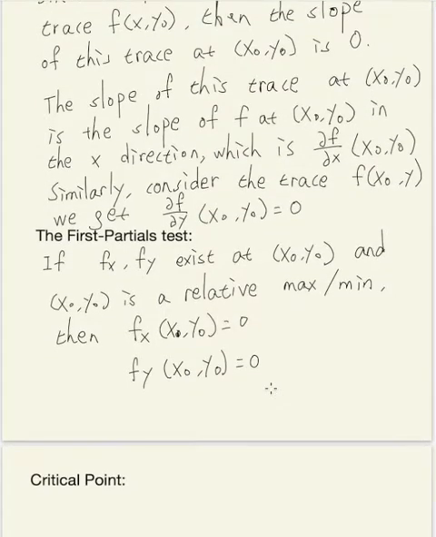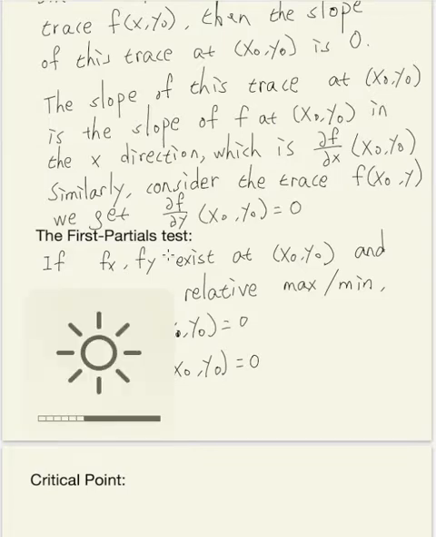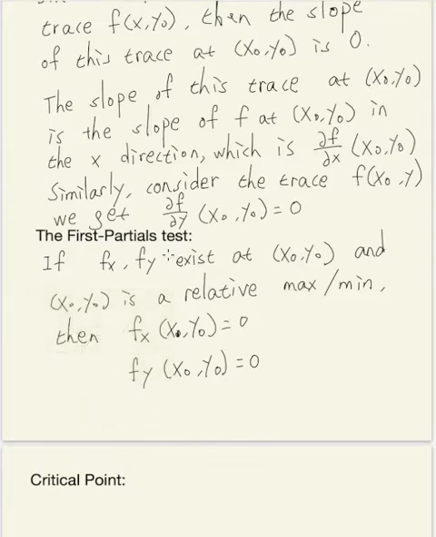Okay. Now we need this condition that the derivatives exist. The reason we need it is that if the derivative doesn't exist at some point, it doesn't mean that point is not a relative extremum. It still can be an extremum. So that's what you need to check when you use the first partial derivative test.